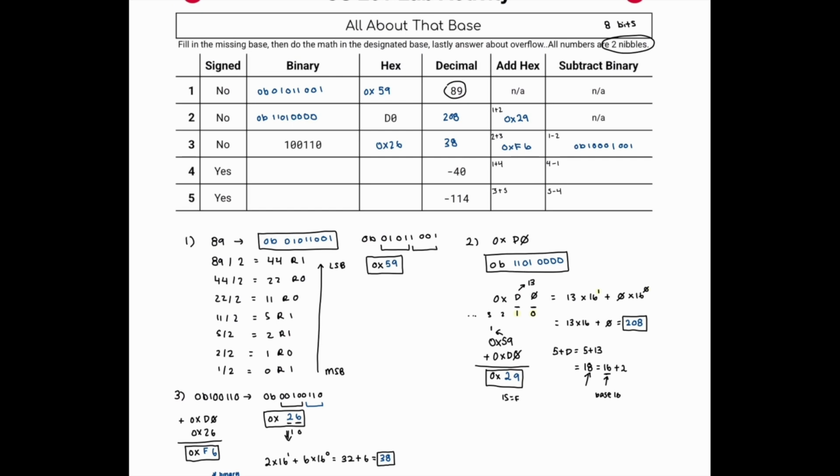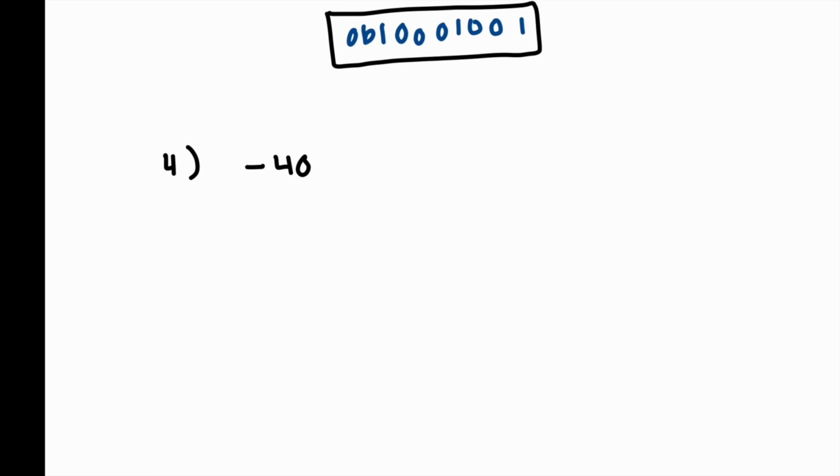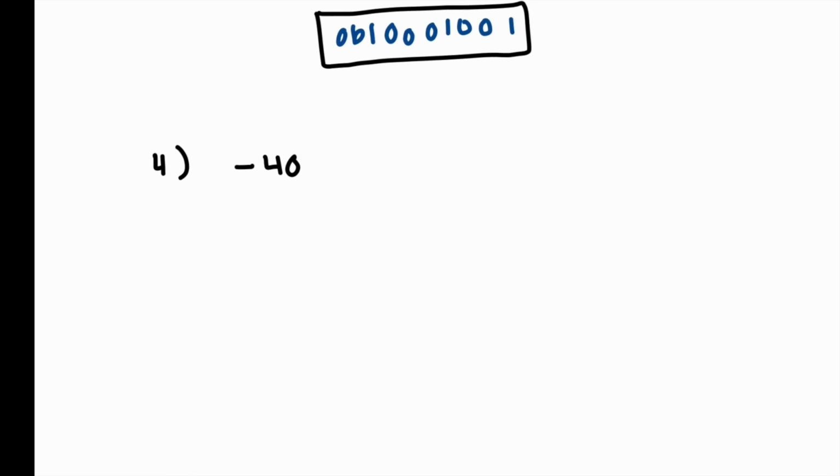We're in the sign system now for these last two questions. Notice that we're given the decimal number -40. So we know that we're going to have to use 2's complement. So we're given -40. Let's convert it to binary. Make sure you keep track of this negative sign.